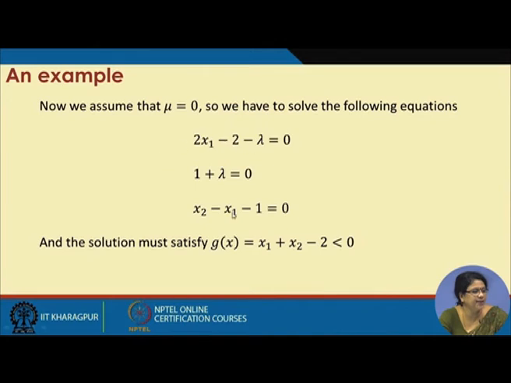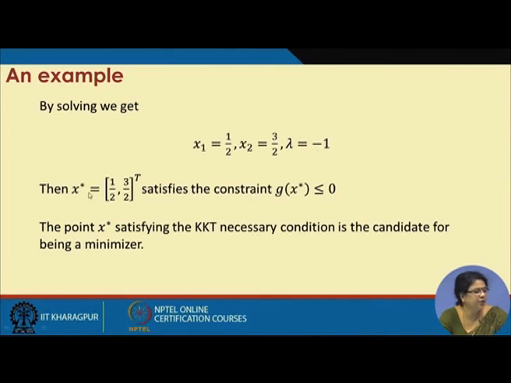Now, in that case we are getting this one along with this condition, and whatever value we are getting, we could see that it is satisfying all the KKT conditions together, and you must have seen that the lambda value is negative, because in the Lagrange multiplier method, for the minimization type of problem lambda is negative. We are getting that as well. That is why we can say that the corresponding x will be the optimal solution for the problem.